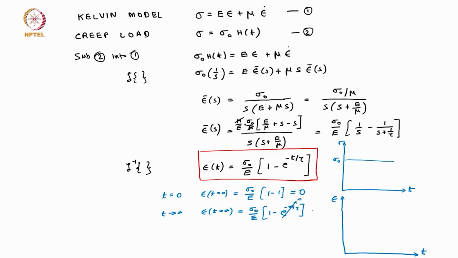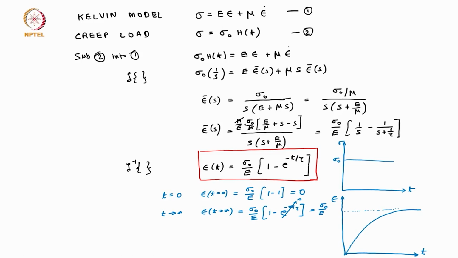So, since this term goes to 0, it will reach a constant value of sigma naught by E. So, we said that it starts at the origin at time t equal to 0, and after it increases it reaches a constant value. And this constant value is sigma naught by E.